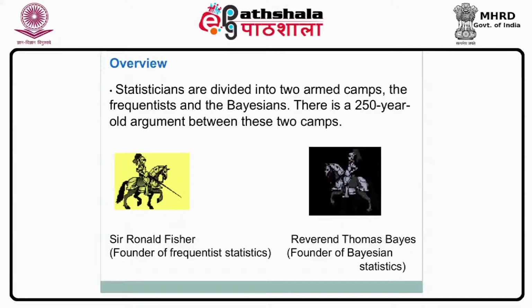So there is a tussle going on between the Bayesians and the frequentists, but it's good news that recently both the frequentists and Bayesians are coming to merge their opinions so that ultimately a reconciliation is expected in future.